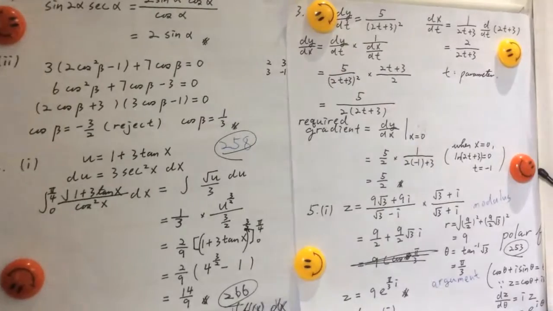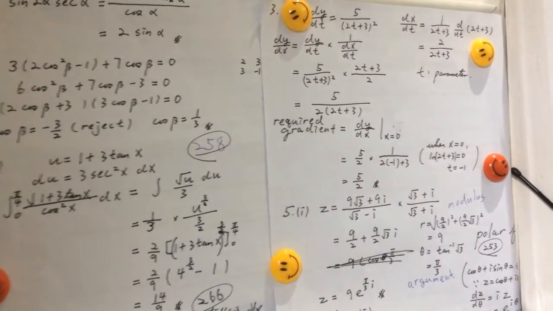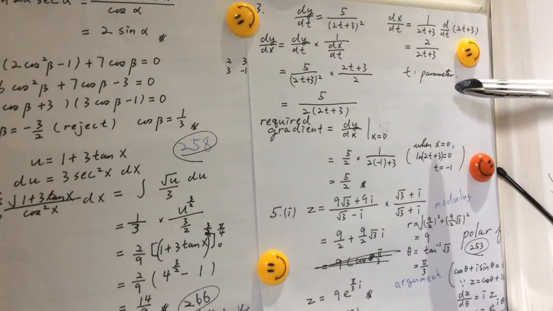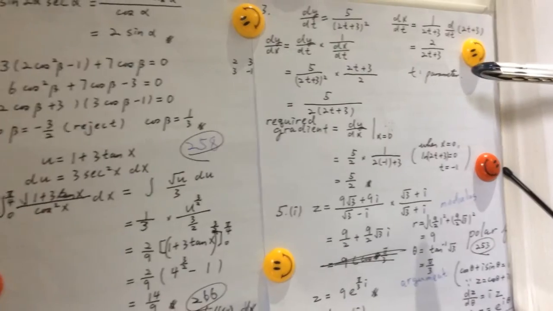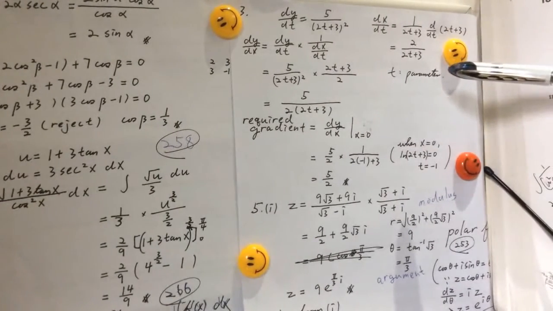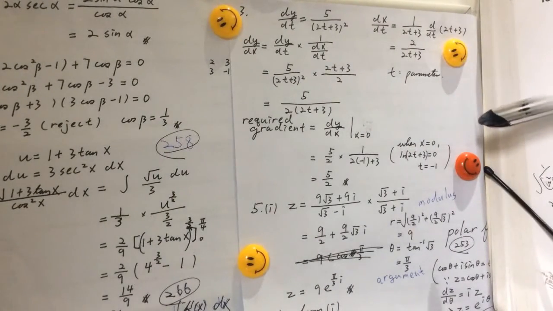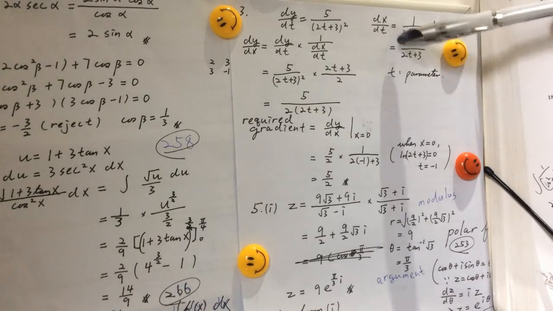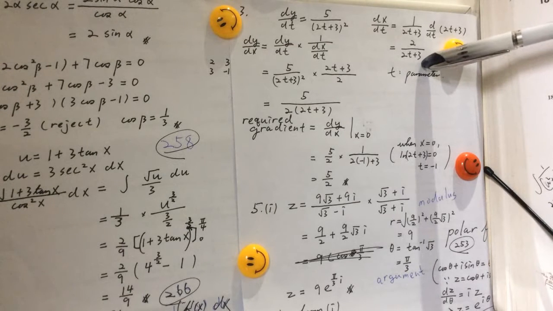So question 3. Okay, t we call the parameter. First of all, differentiate x in terms of t. By chain rule, we find dx by dt here.